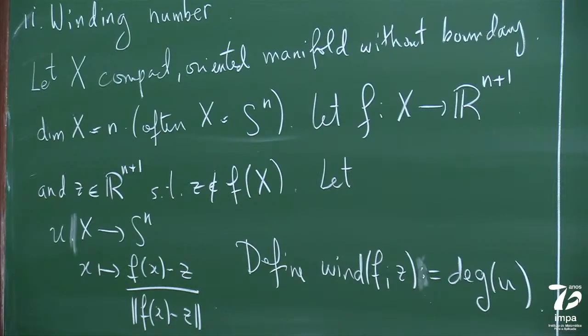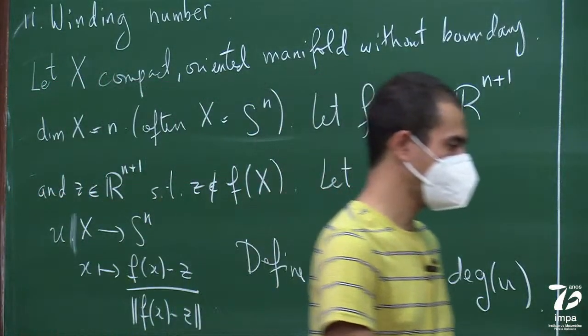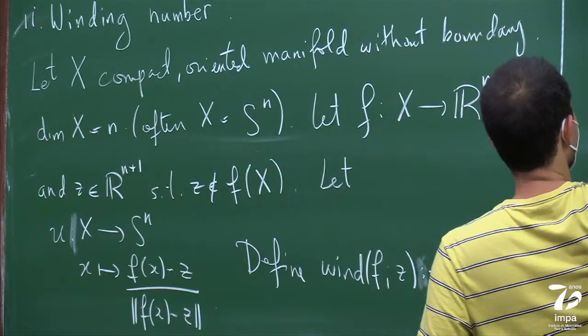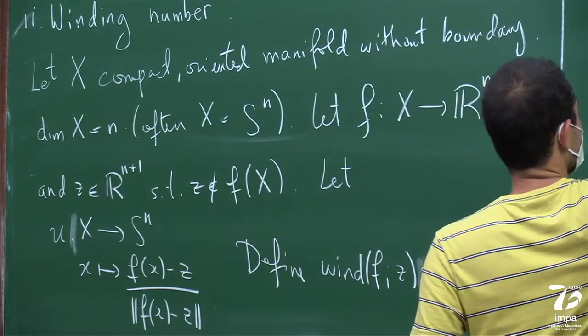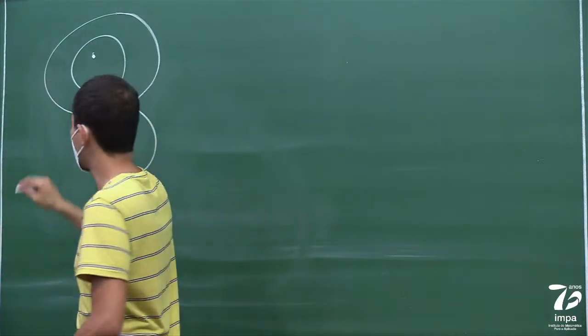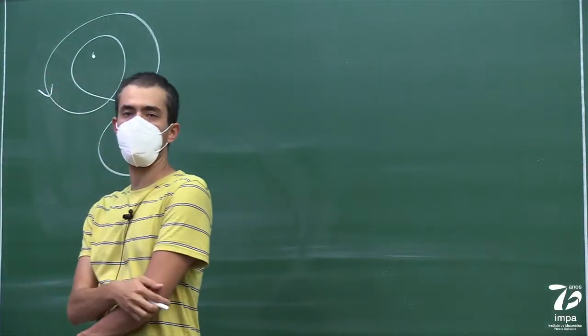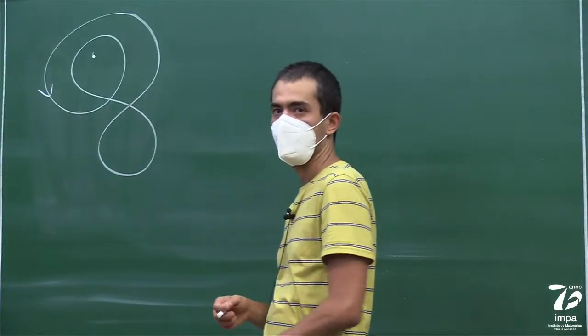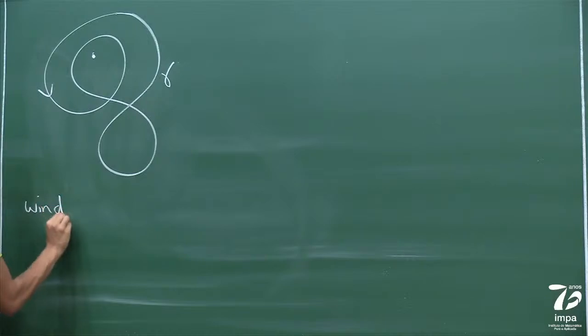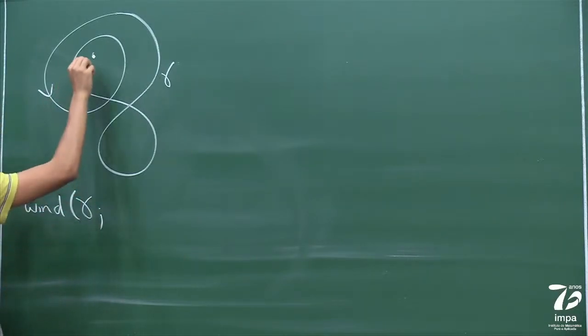Okay, so this, you've probably seen this before in complex analysis. It's a very common thing. For example, if you have a curve and you take a point that's not on the curve and you orient the curve, as the image of a map from S1 to R2, you can talk about the winding number of the curve gamma with respect to this point z.